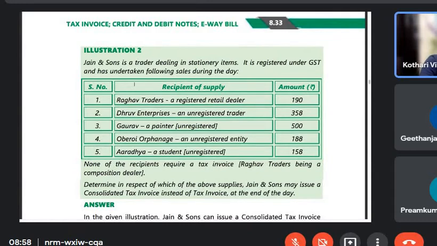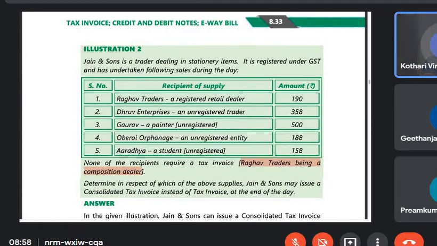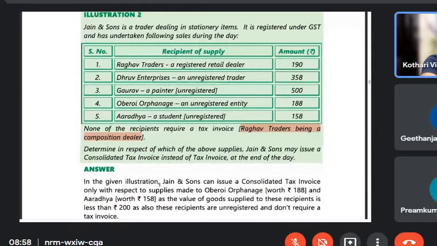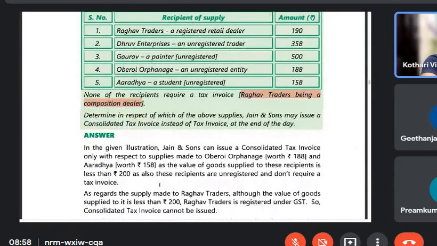Dhruv Enterprises. None of the recipients require a tax invoice. Raghav Traders being a composition dealer. Determine in respect of the above whether the supplies of Jain and Sons may issue a consolidated tax invoice at the end of day or not.